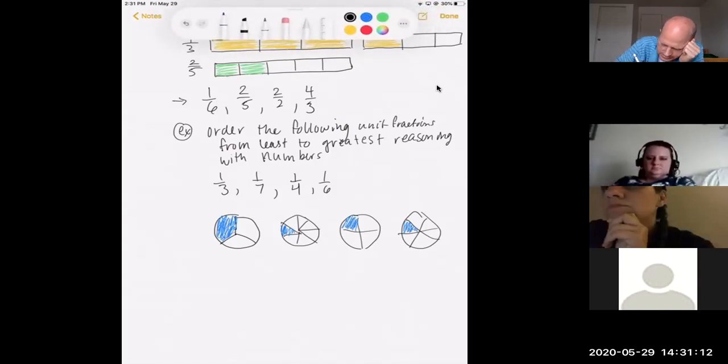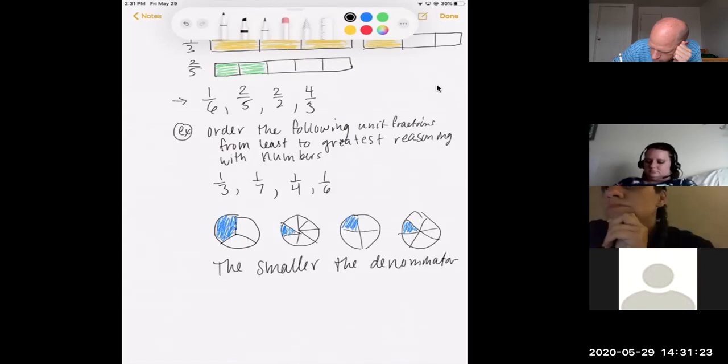I'm not sure if you realized that before, but it said the smaller the denominator, the bigger the piece. So your whole is divided into less pieces, so that means that they are big.